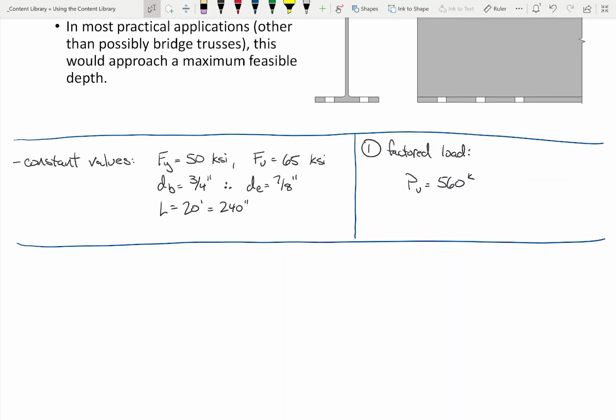So what we're going to do is compute our design parameters. Here's how I'm going to approach that. 0.9 times 50 ksi, that's going to be 45 ksi, right?